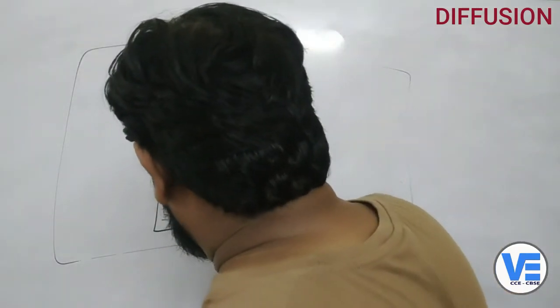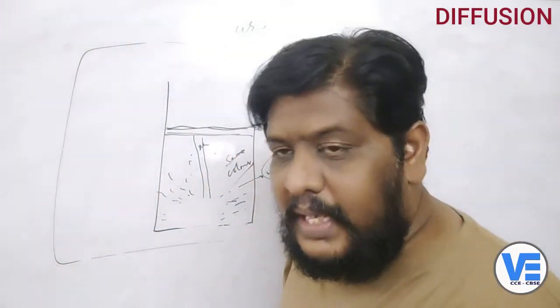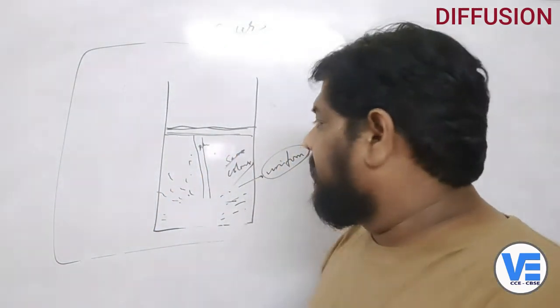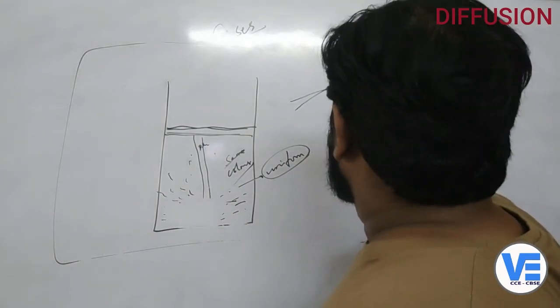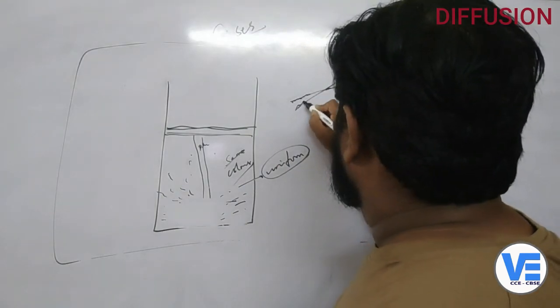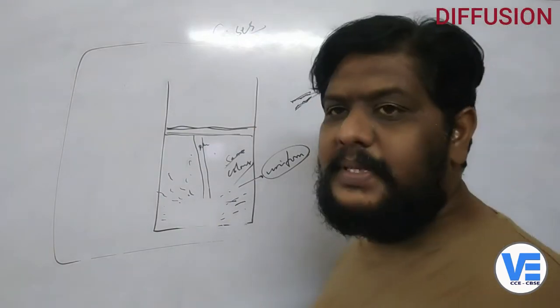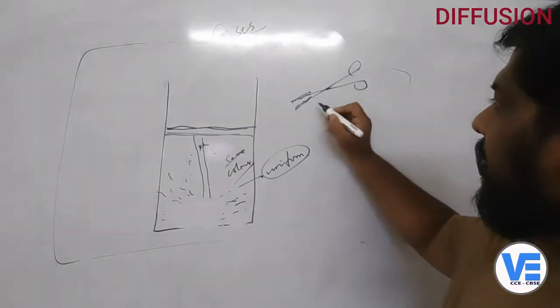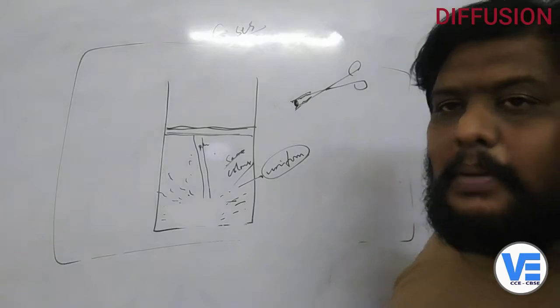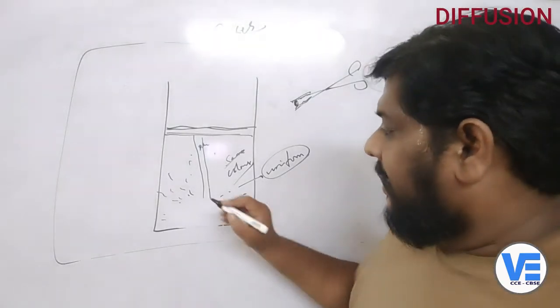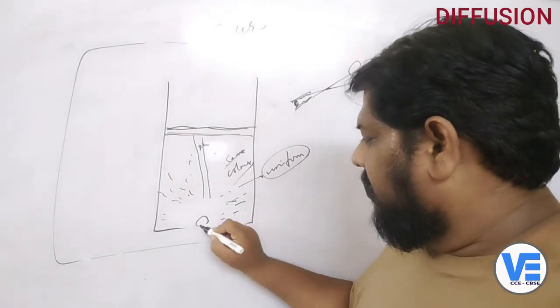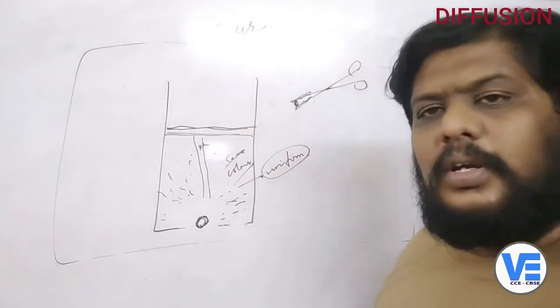Okay, children. So we'll take one more example here. In the place of coffee powder, you can also take a potassium permanganate crystal. You can use a forceps to hold a potassium permanganate crystal, which is violet in color, and then place it in a beaker full of water.